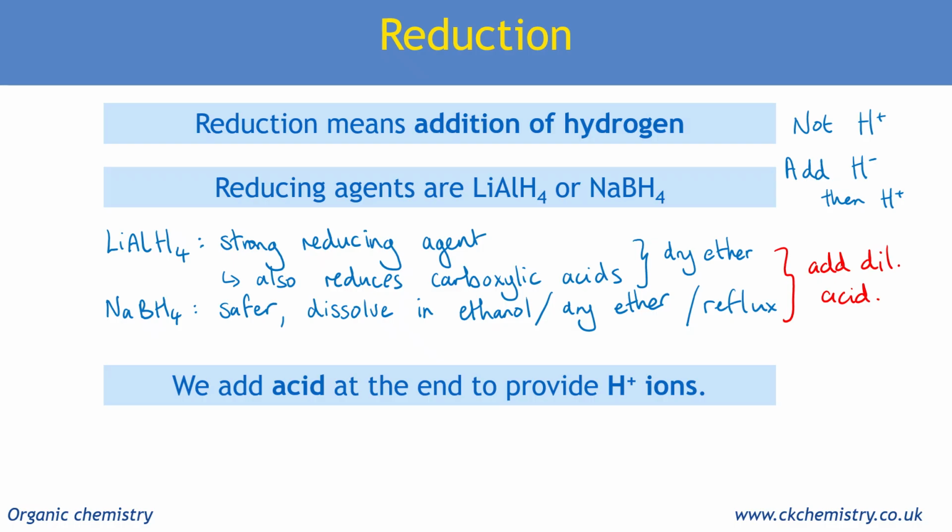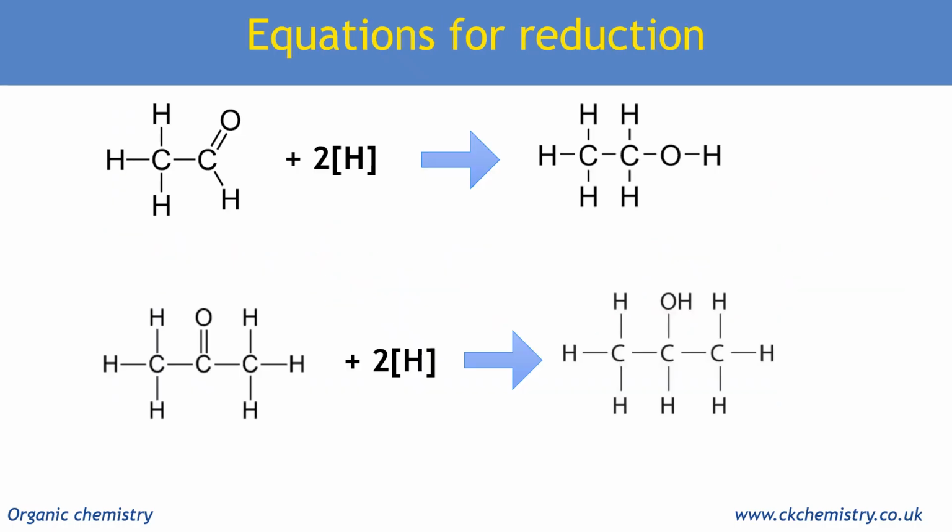let's have a look at the overall equations. How do we write an equation for reduction? So we're adding hydrogen across the C=O double bond, and here are two examples, one with an aldehyde at the top, and then at the bottom we've got a ketone, which is propanone.